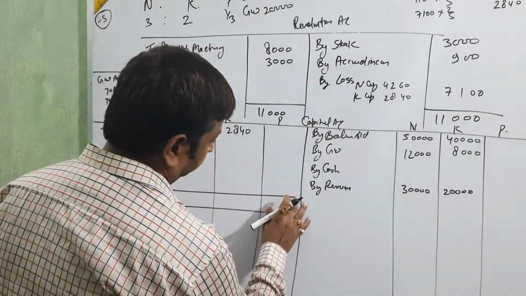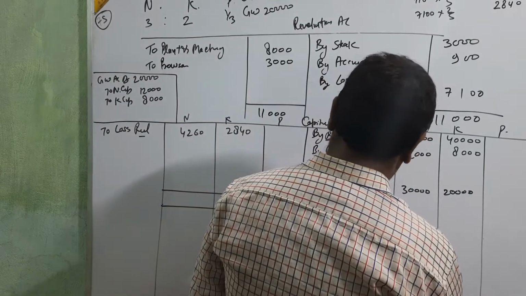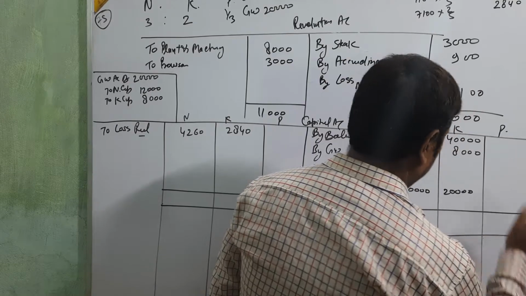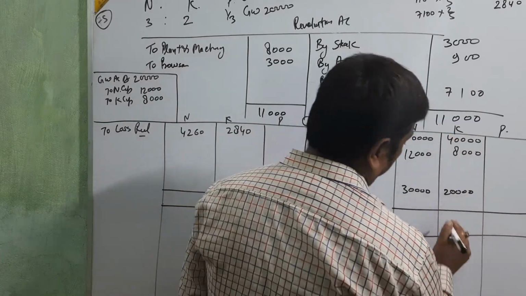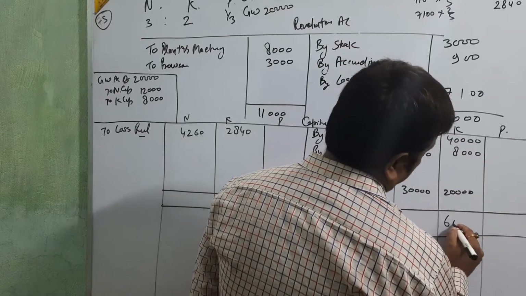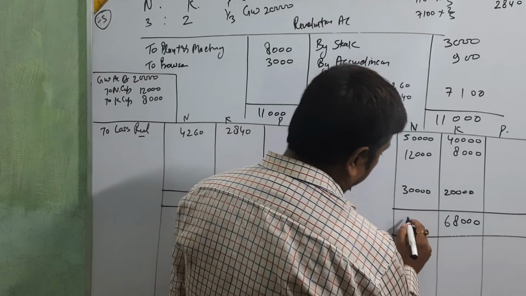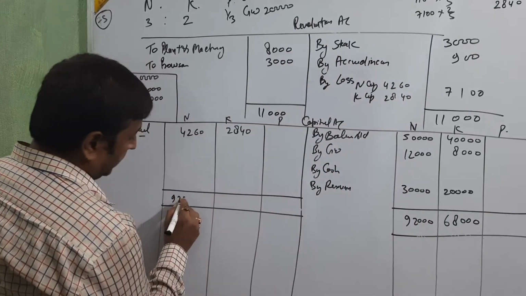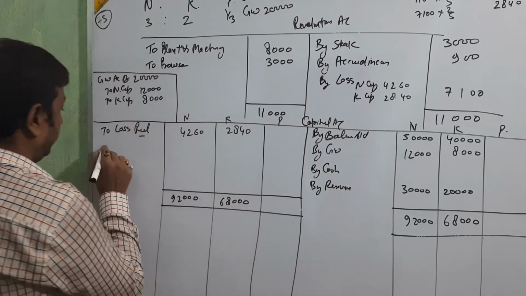Then we are going to calculate the totals. Just see. The total of this side is 68,000. This side is 92,000. Okay, take the balance. 92,000 minus 68,000.